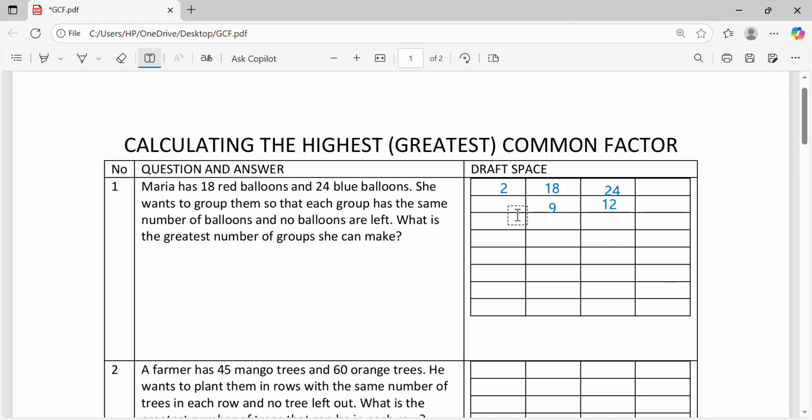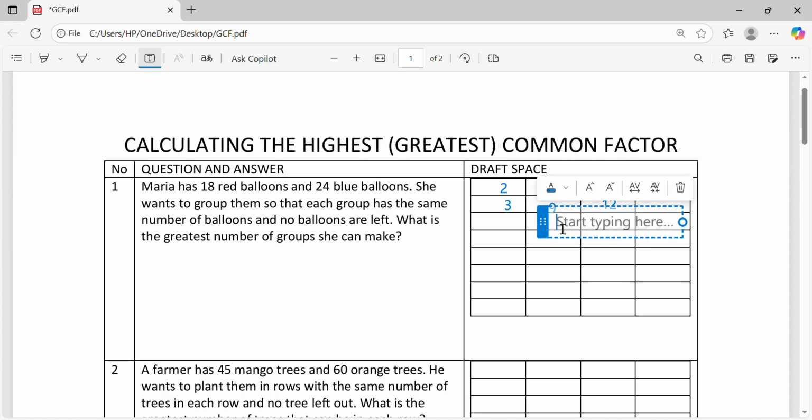So here, when you are dealing with the highest or the greatest common factor, you have to make sure that a factor you put here works on both 9 and 12. So 2 can only work on 12, but it cannot work on 9. So we have to use 3. 3 can work with 9 and 12.